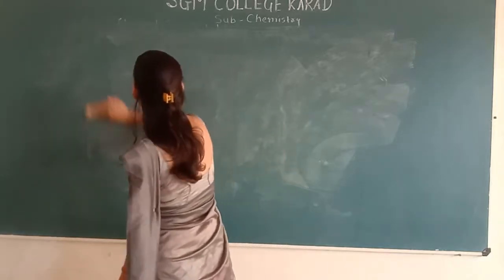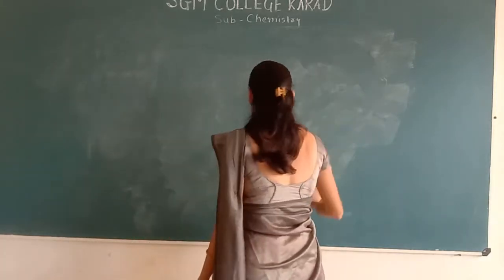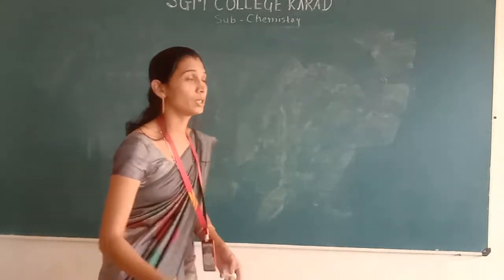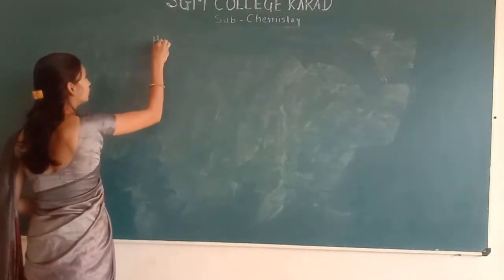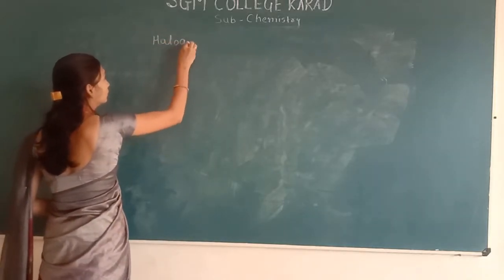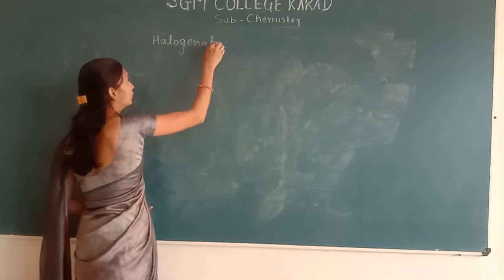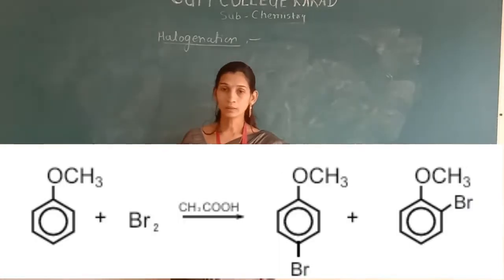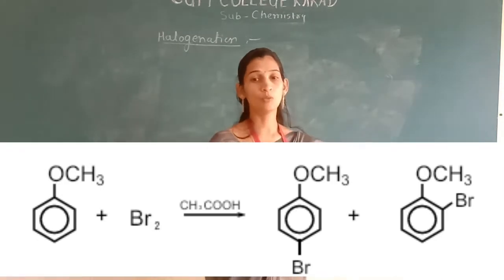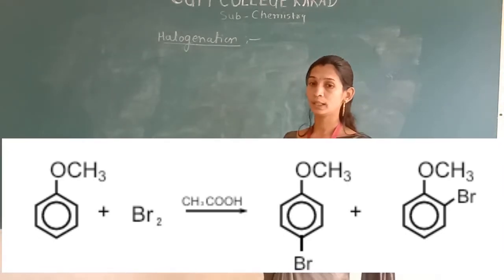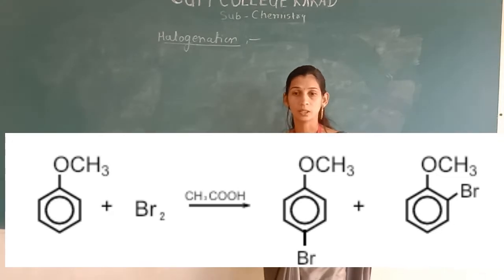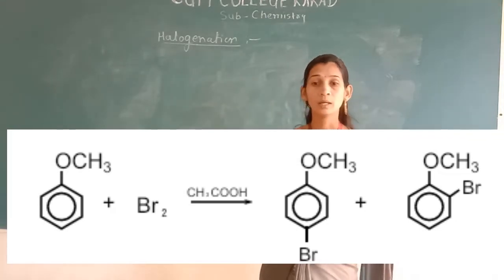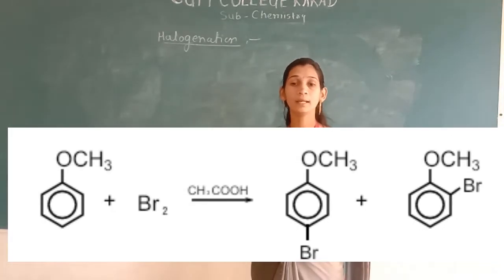Now the next reaction is the halogenation reaction. Here we are taking an example of anisole. That anisole undergoes bromination with bromine in acetic acid.